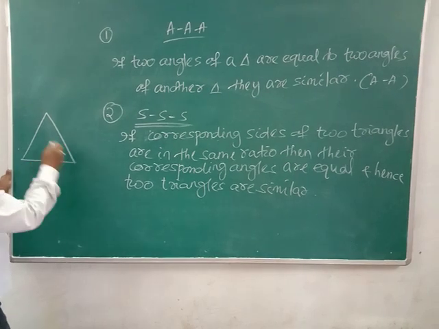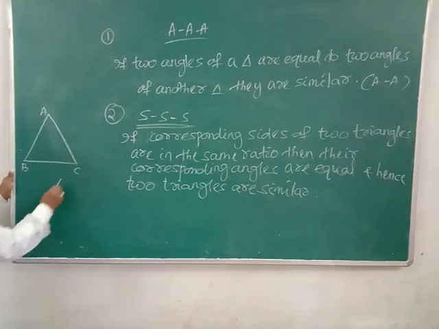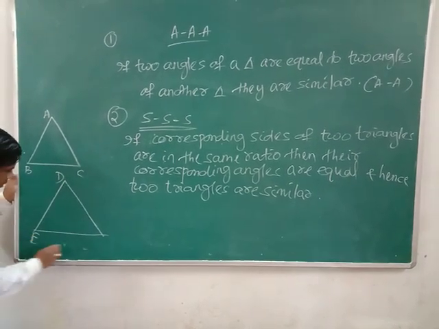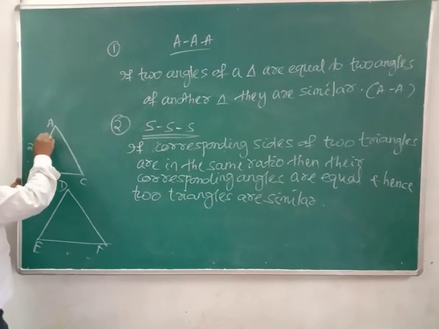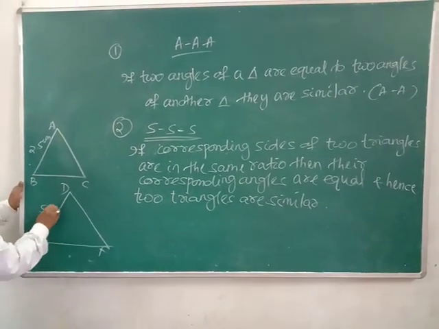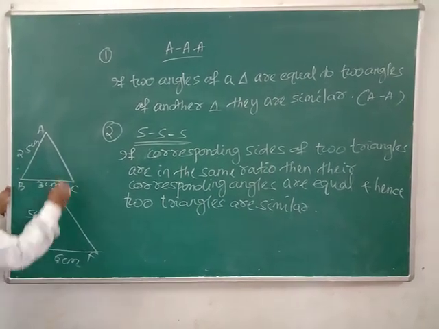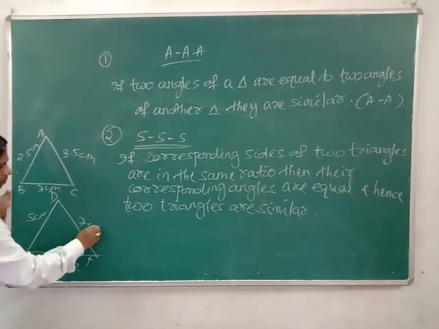You see, ABC is a triangle. DEF is another triangle. AB is 2.5 centimeter and this is 5 centimeter. This is 3 centimeter, this is 6 centimeter. This is 3.5 centimeter and this is 7 centimeter.